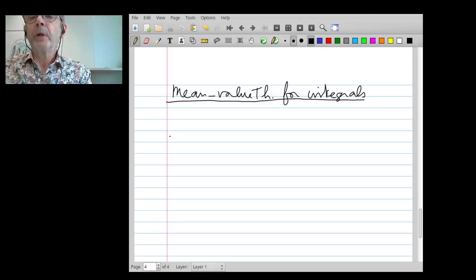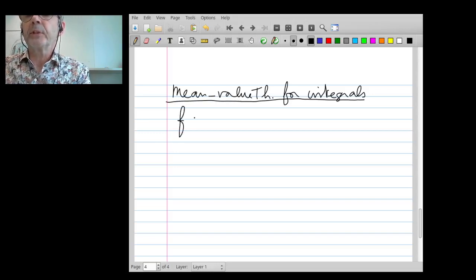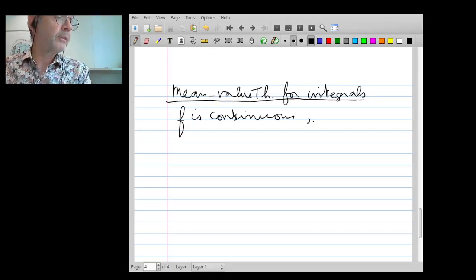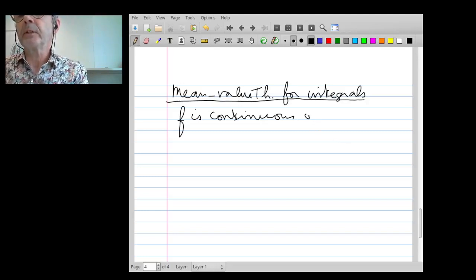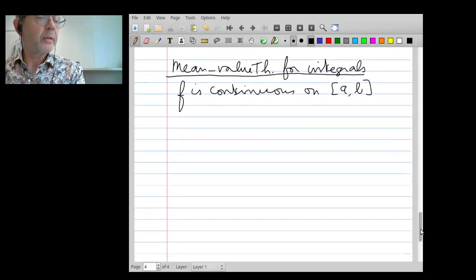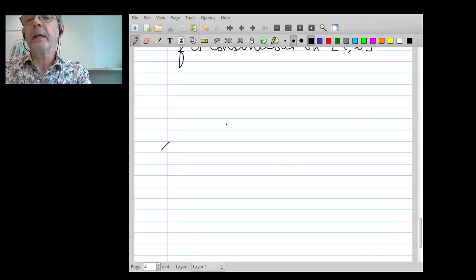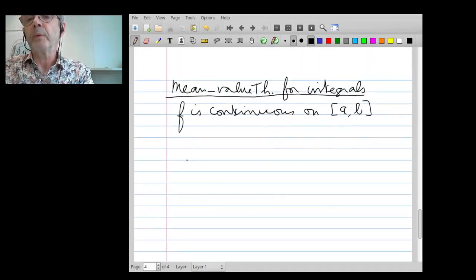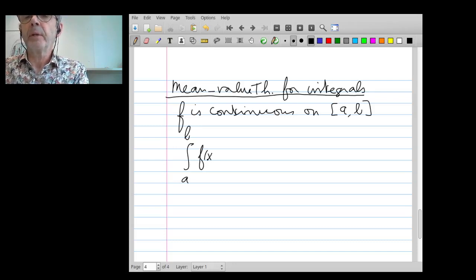Now, if you know your f is continuous on some interval ab, and you want to give somebody some idea about what this value can be, what that integral, what that area can be, what you can get out of it.